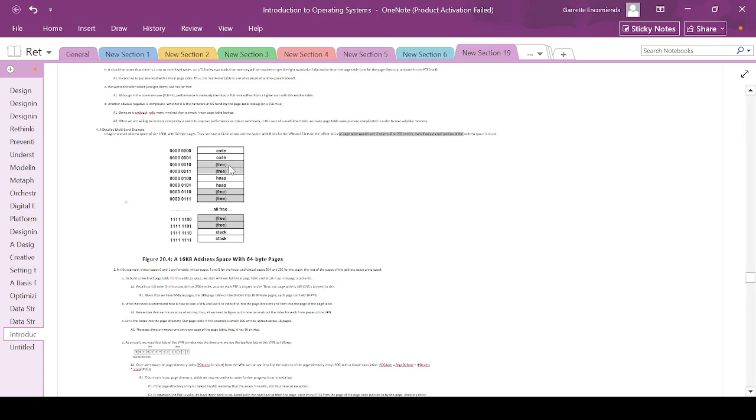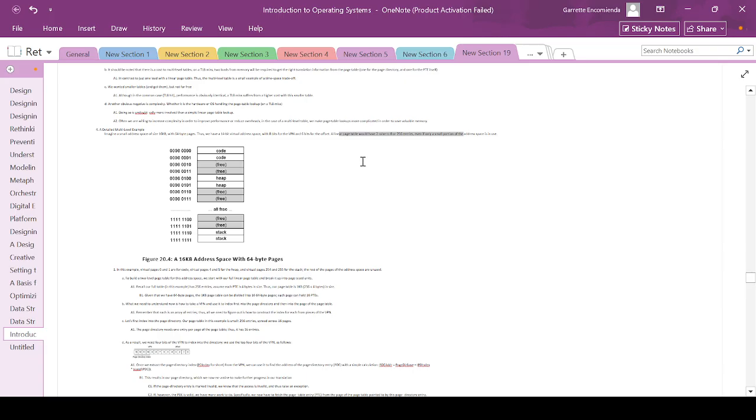So these are 64-byte pages. Thus, we have a 14-bit virtual address space with 8 bits for the VPN, or virtual page number, and 6 bits for the offset.